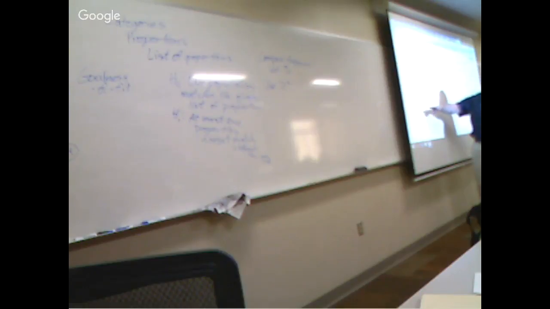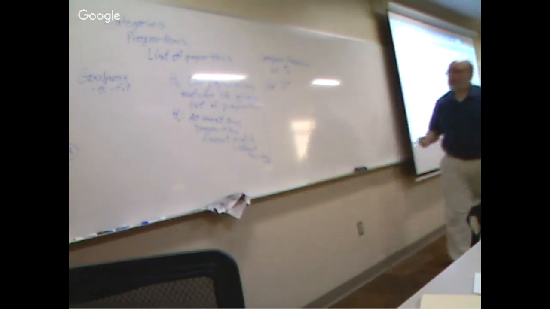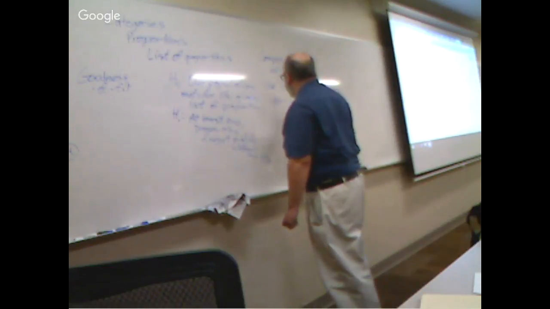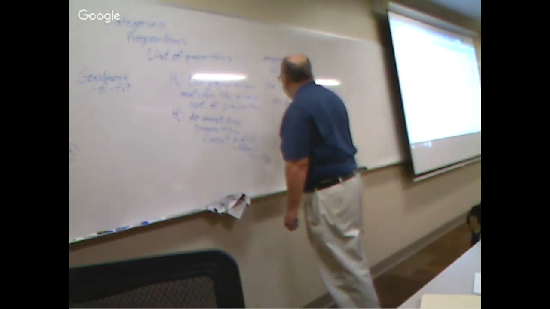You would think maybe we're going to take n minus 1, but we don't. What we're going to do is we're going to take the number of categories minus 1 in order to get our degrees of freedom. So degrees of freedom is k minus 1, where k is the number of categories.